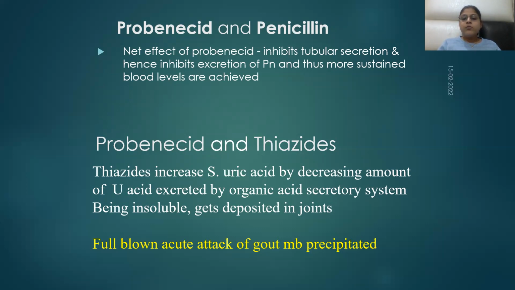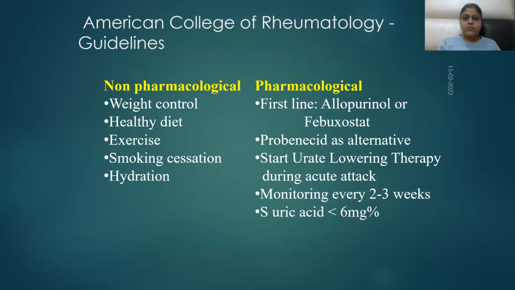So the levels of uric acid will increase in the body, and being insoluble it gets deposited in the joints. A full-blown acute attack of gout may be precipitated.